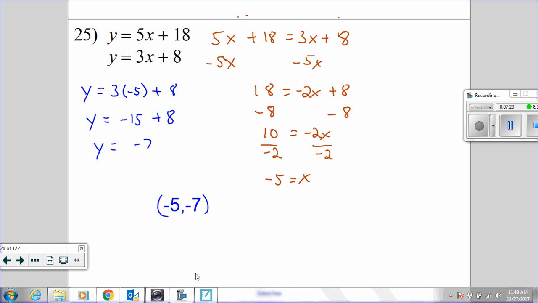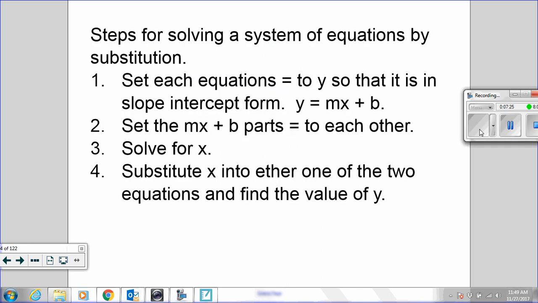And let me go back over the steps again. Okay, remember, step 1 is to set each equation equal to y so that it is in slope-intercept form. So we want to solve for y on those. Step 2, we're going to set the mx plus b parts equal to each other.